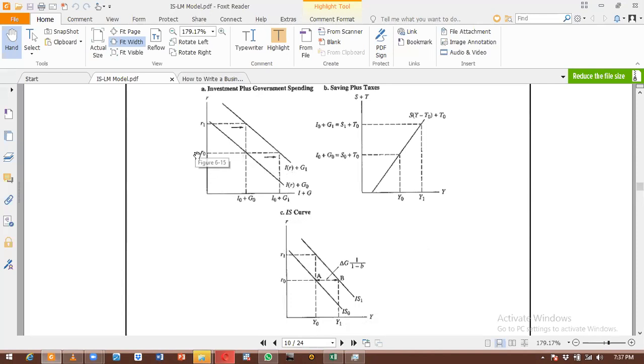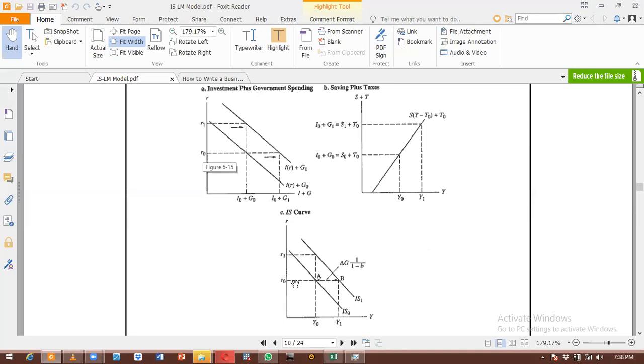There is no change in interest rate at all, but there's a change in government spending, and that will cause a shift in the injection schedule. Even at the same interest rate, there's now an increase in injection because of the increase in government spending. That is going to cause a rightward shift in the injection schedule, so even at the same level of interest rate. When it comes to the IS curve, there's no change in interest rate.